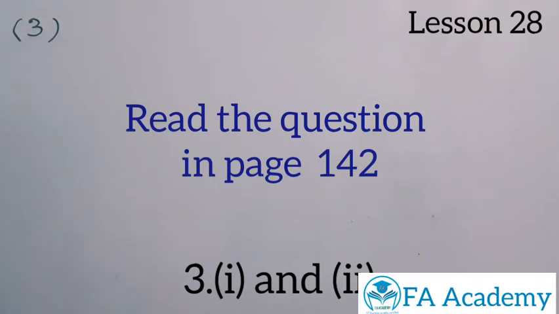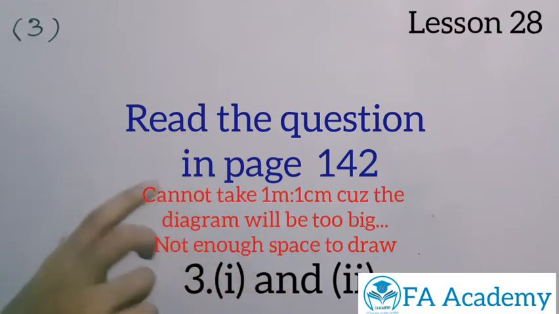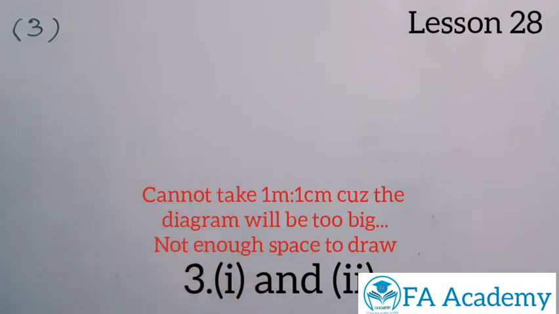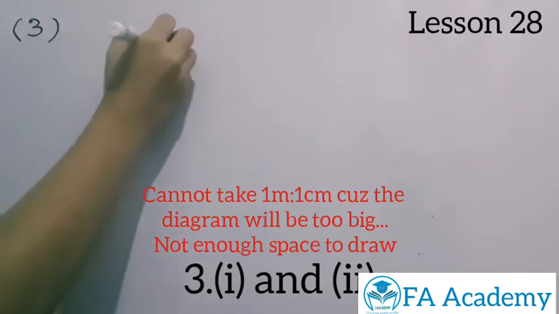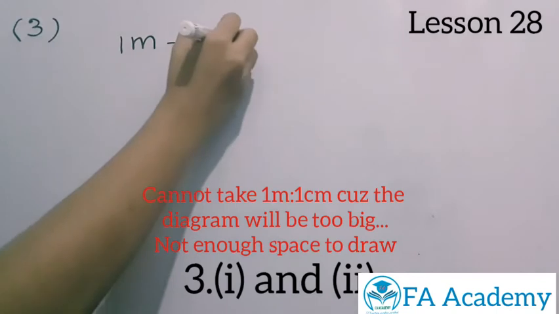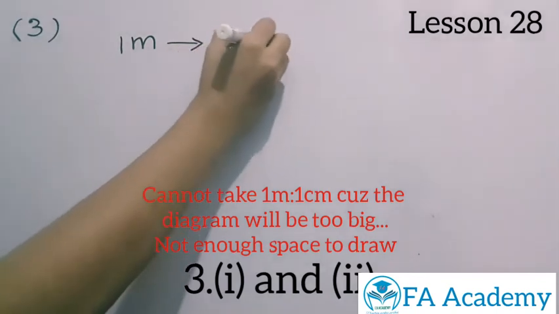So in that case, what you have to do, we can't take 1 centimeter. I mean for 20 meters you can't say 20 centimeters. Understood? So that ratio we can't take. So but one thing we can do, for 1 meter we can take 0.5 centimeters.